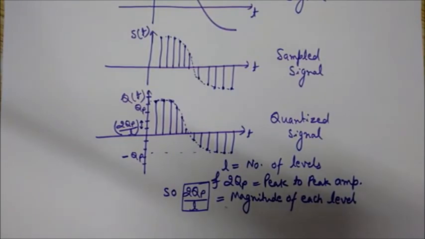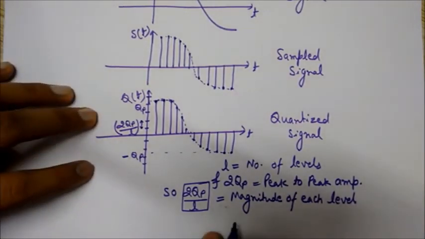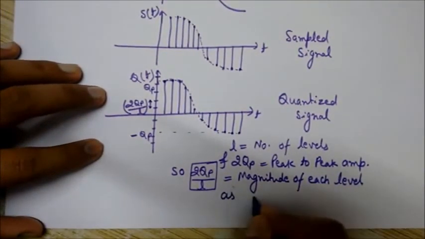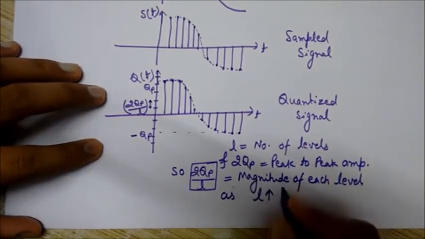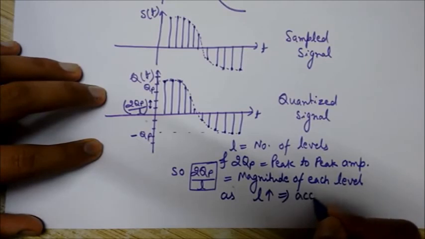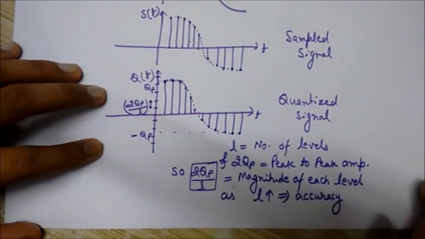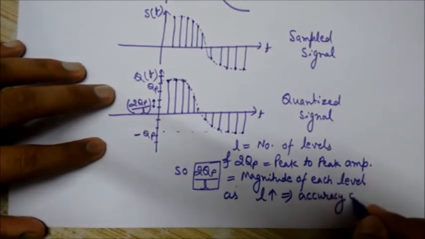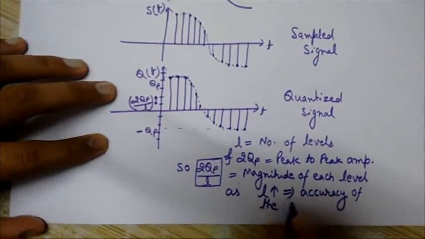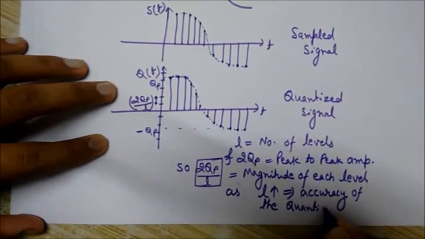So it is clear that as the number of levels increases, the accuracy of the quantized signal increases. The quantized signal is just an approximation of the original signal, so as the number of levels increases, the accuracy of the quantization also increases.